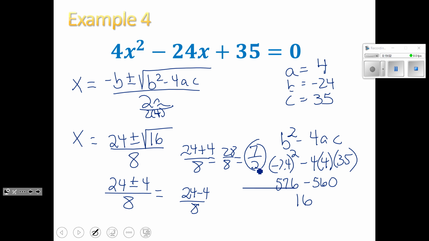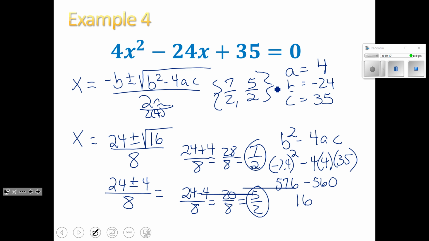And then 24 minus 4 is 20 over 8, which is equal to 5 over 2. So those are your two answers, 7 halves and 5 halves. All right. And again, make sure you check yourself a different way. Either try to factor it or try to put it in your calculator to check it.